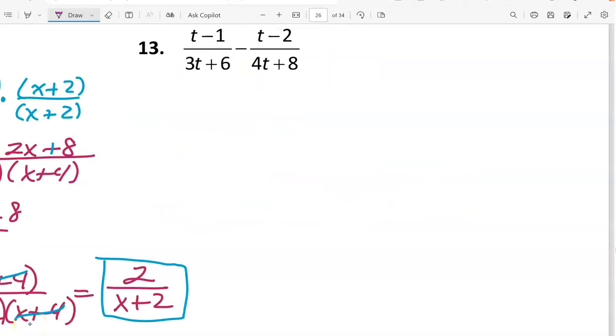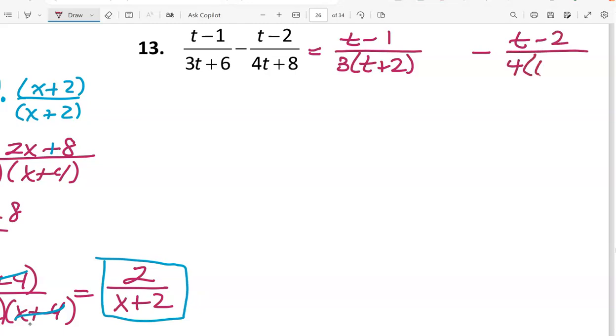In 13, we're asked to subtract two fractions with unlike denominators. So my first strategy here will be to factor each denominator. I'm going to leave a little bit of space in between to multiply each fraction by something.